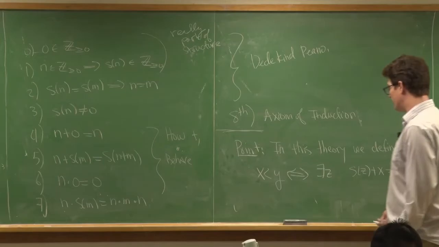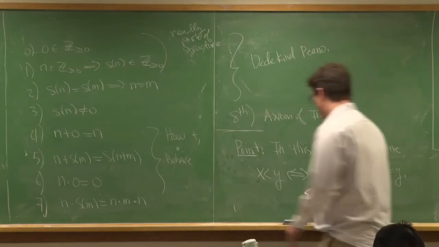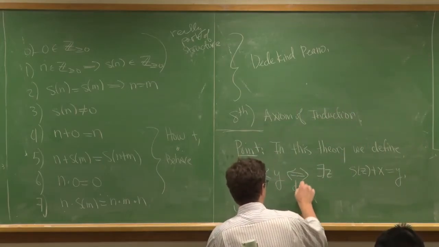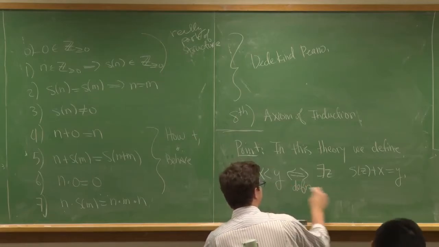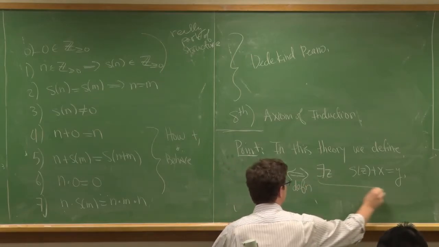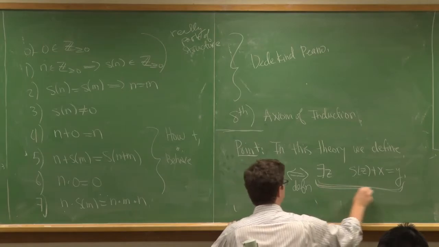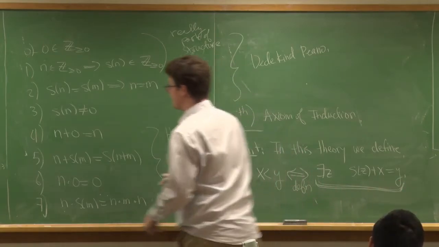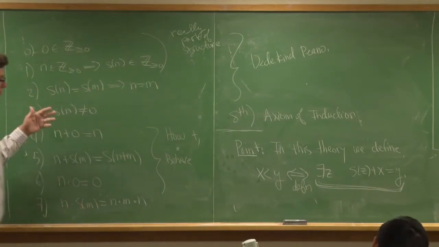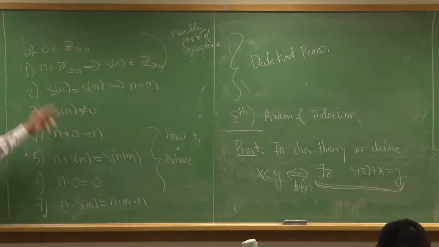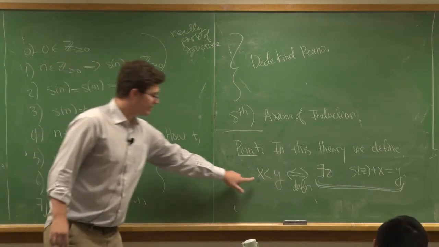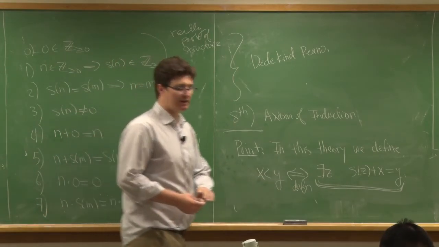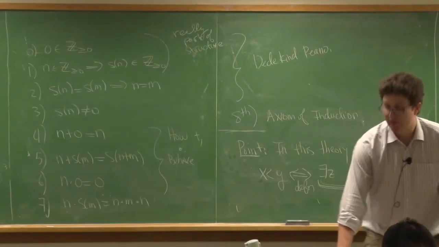So by definition, we define the inequality to be this way. And this now is a formula that we can define using our signature and our stuff here. So this allows us to define the inequality. And I'll say a little bit more about this next class.